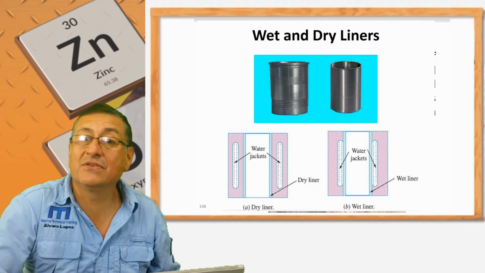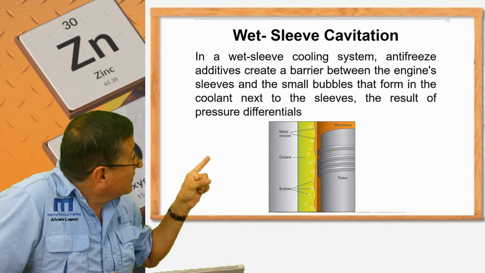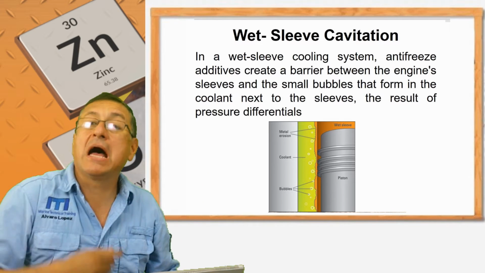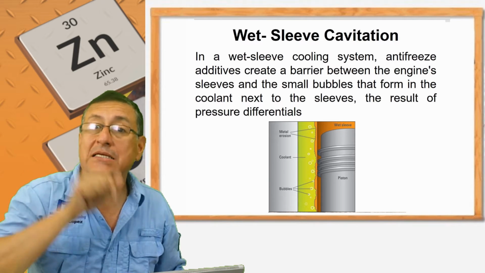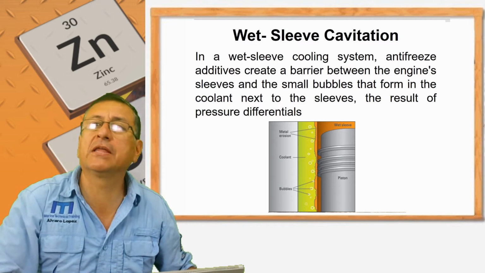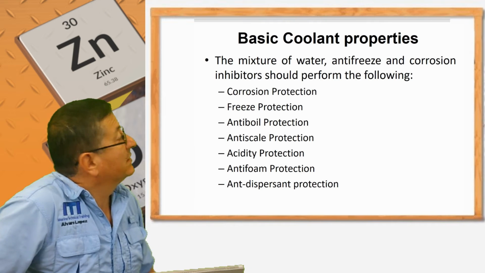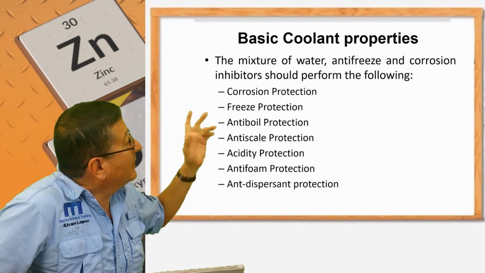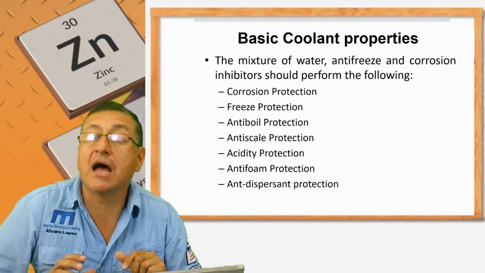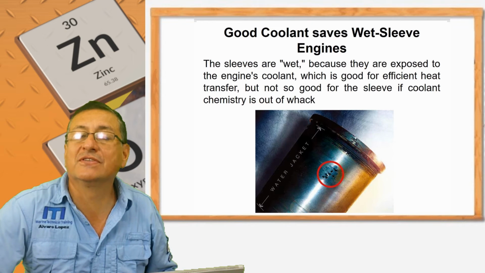In those sleeves, pitting corrosion is commonly produced, because people use improper coolant, or use fresh water. Look at the properties of the coolant: anti-scale, anti-corrosive. Those additives in the coolant avoid this type of corrosion, pitting corrosion on the sleeves.